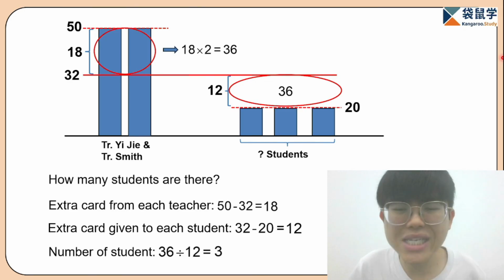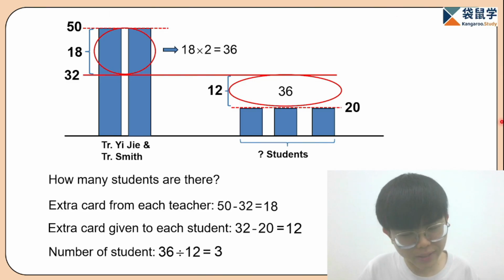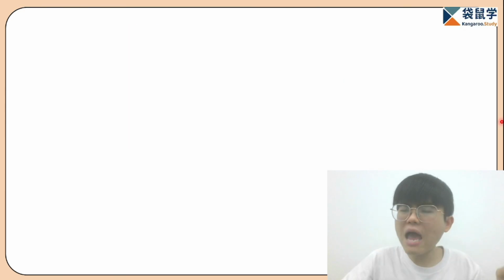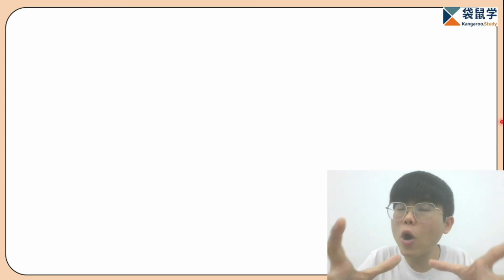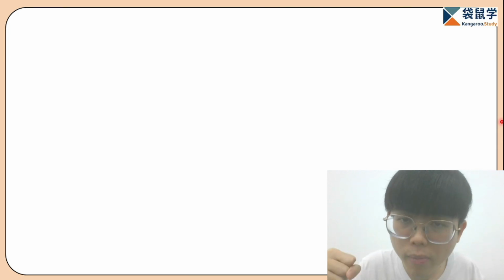Alright, everyone. So in this case, we have found the number of students by using the average. Now, let's try to change the question a little bit. Just now we learned about a question on reward cards. Actually, this question can also be changed into a concentration problem.